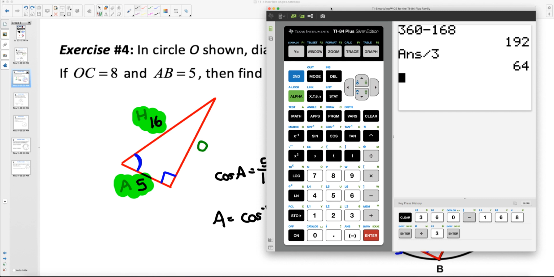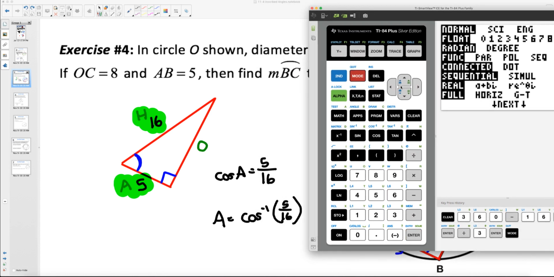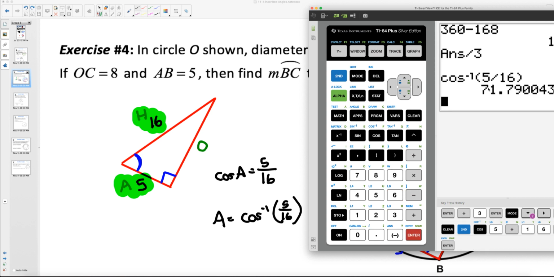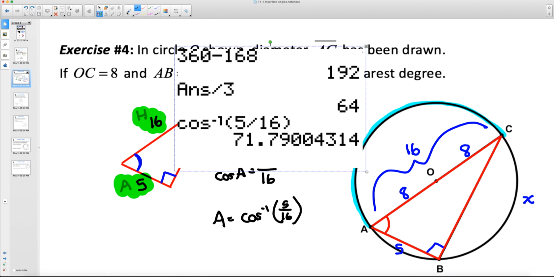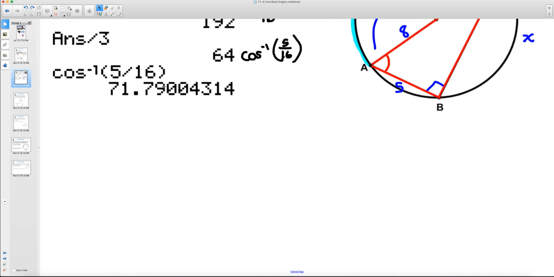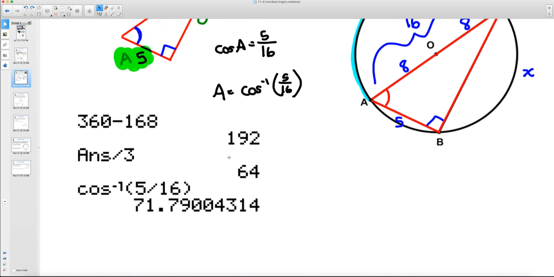So we'll go over to the calculator. Make sure you're in degree mode. I've been working back and forth with Algebra 2, but in geometry, we want to be in degree mode. Second cosine, 5/16, and then hit enter. We get 71.79 as the measure of the angle.